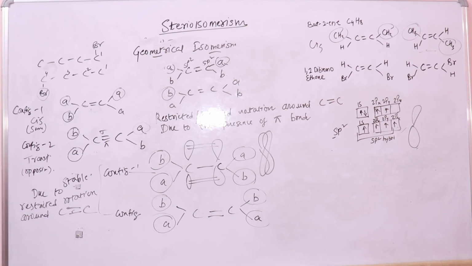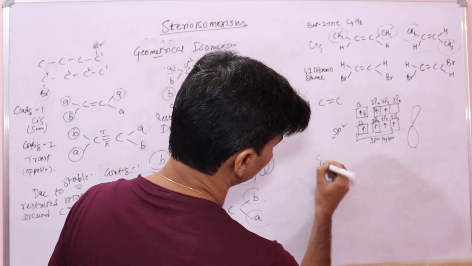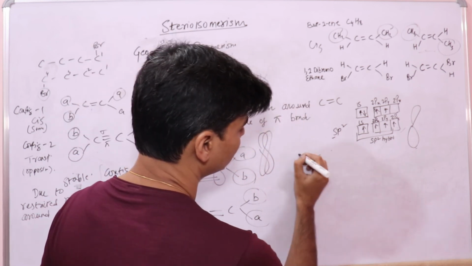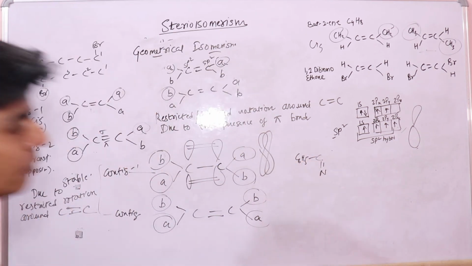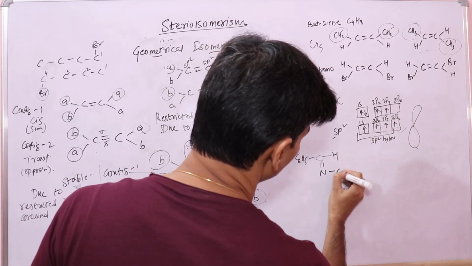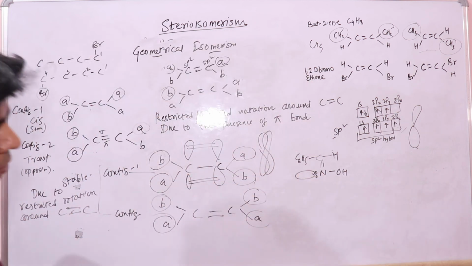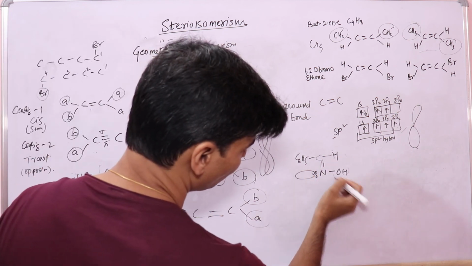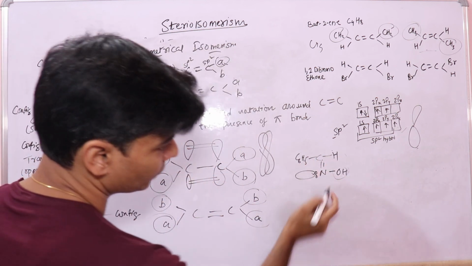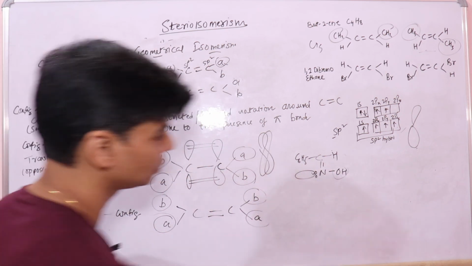Now compounds like benzaldoxime, ketoximes and aldoximes, where you have a carbon-nitrogen double bond, and here you have hydrogen, here you have OH, and here you have a lone pair of electrons. You can see the hydrogen and OH are on the same side of the carbon-nitrogen bond.